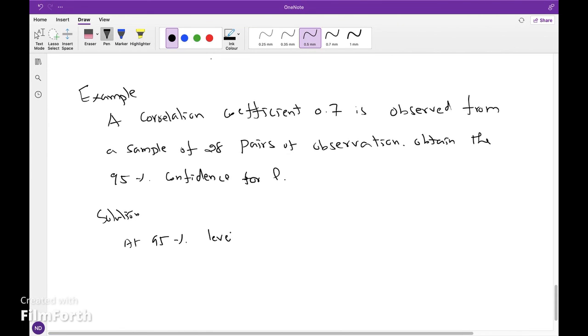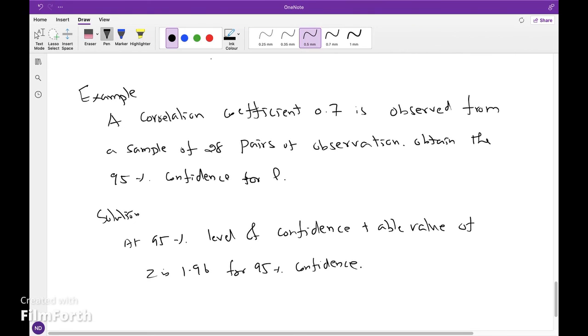the table value of Z is 1.96 for the 95% confidence interval, and n is equal to 28.